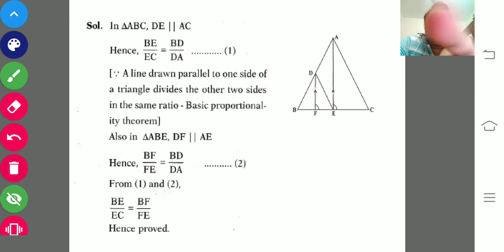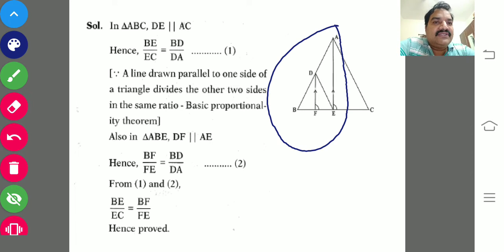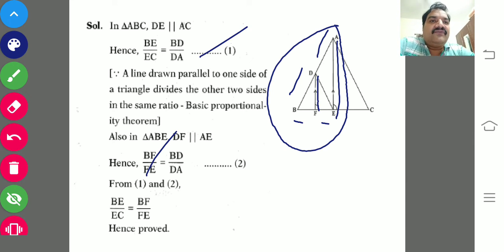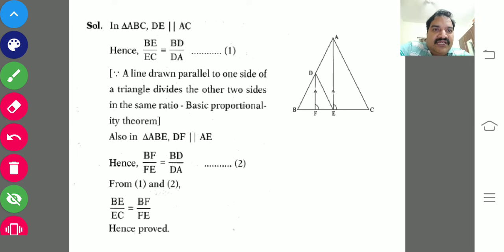In second equation, triangle ABE, only this part you just see, because DF and AE, this side base is AE now. So simply you can apply BD by DA equals BF by FE. After framing the 2 equations, you just observe that BE by AC equals BD by DA, and BF by FE equals BD by DA.